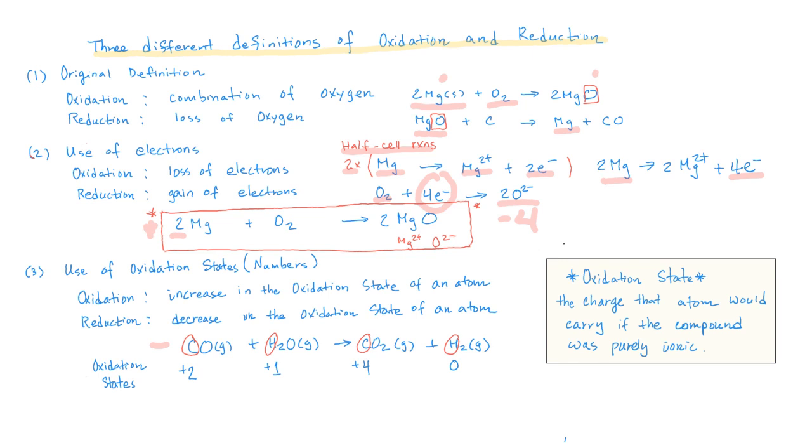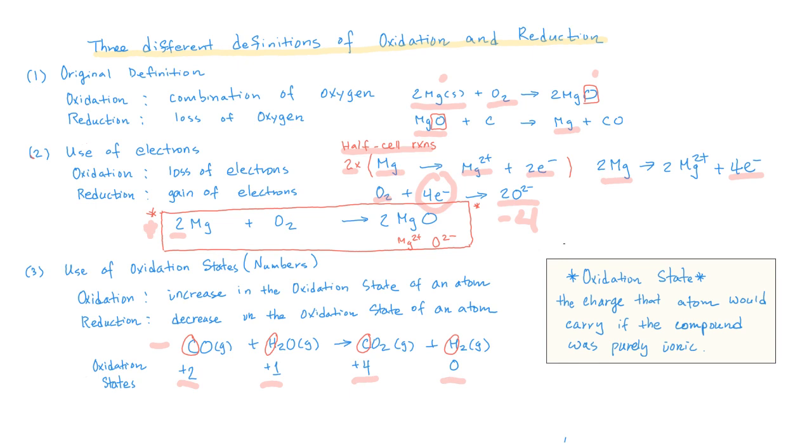So the oxidation state of carbon in carbon monoxide is +2, and the oxidation state of hydrogen in H2O is +1, and the oxidation state of carbon in CO2 is +4, and hydrogen in H2 shows 0 oxidation state.